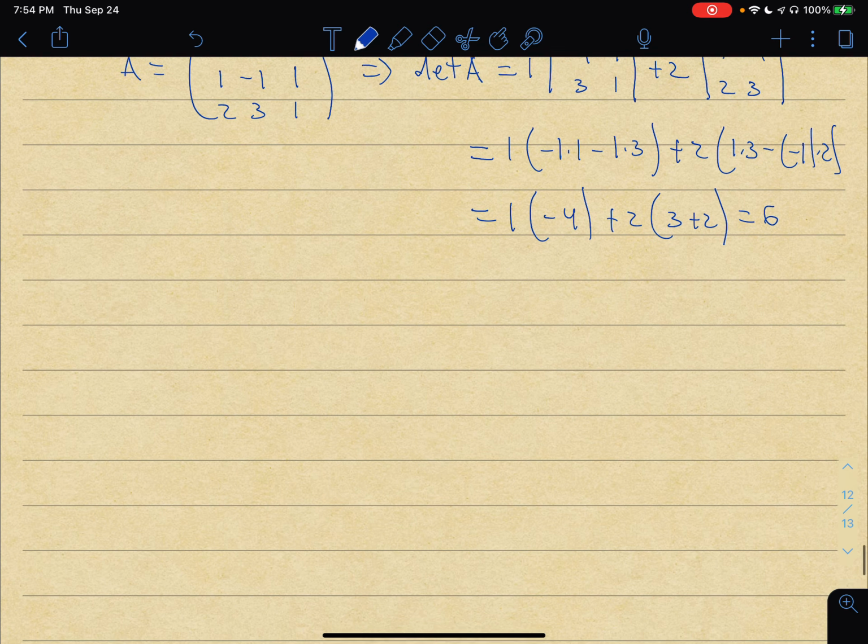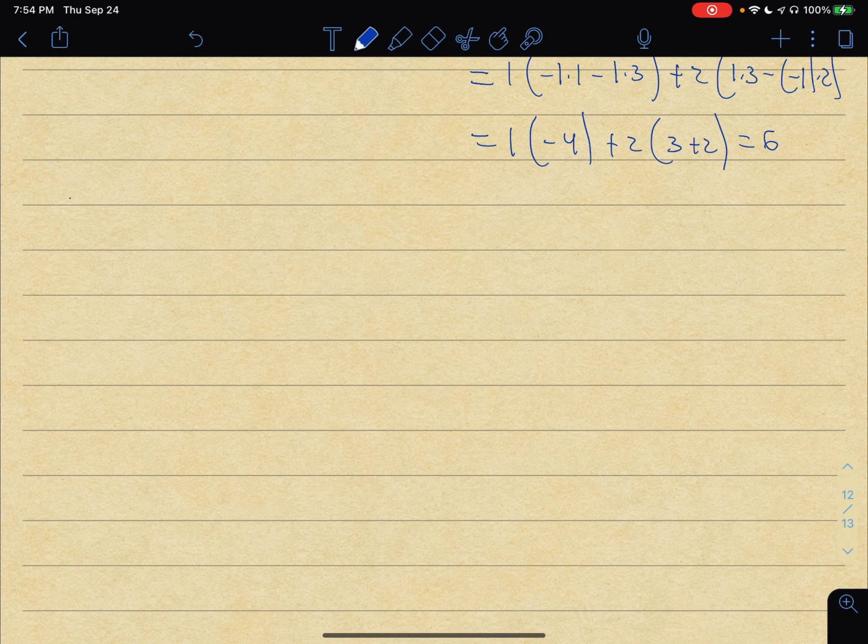And let's do one more example, B. I want to find the determinant of the matrix 5, 1, 2, 1, 0, 0, 3, 4, minus 5. Follow the same strategy.